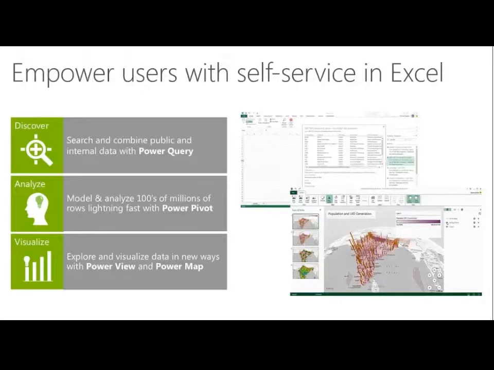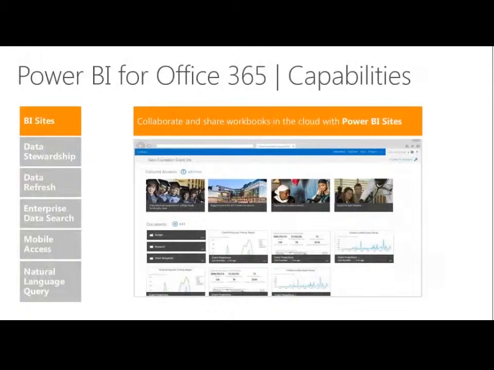You might want to look at it visually, and so there are tools inside of Excel now called Power View and Power Map that enable you to view data and visualize it in ways that you haven't been able to before. And there are obviously valuable insights that can be discovered when you're looking at more than just a grid of data. Once you're done with all that Excel work, the nice thing is that can be done by just a handful of people that really love being in Excel.